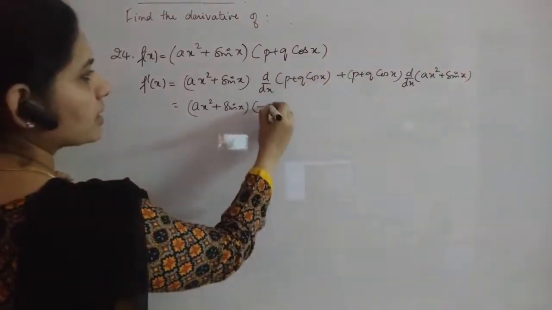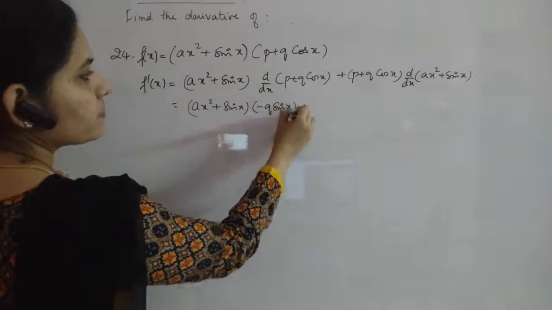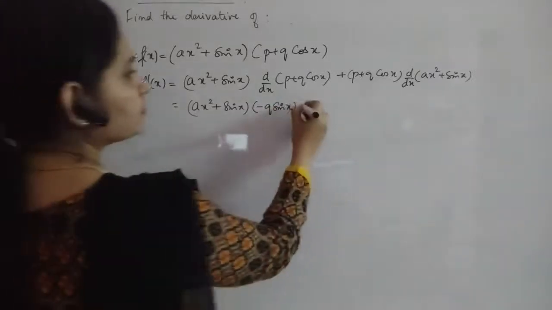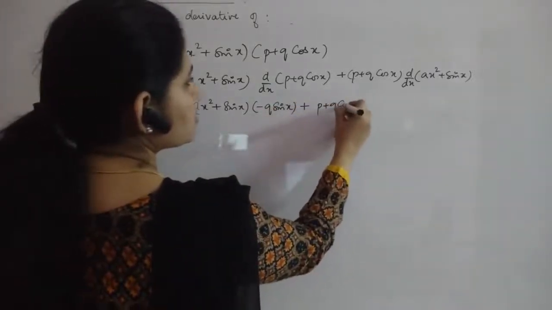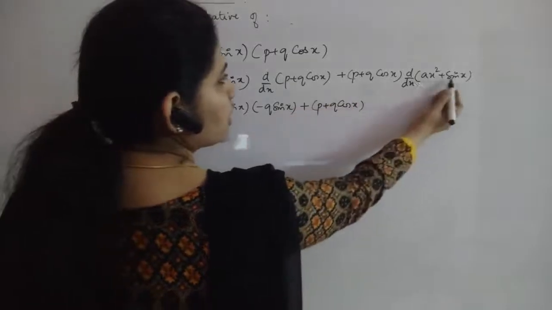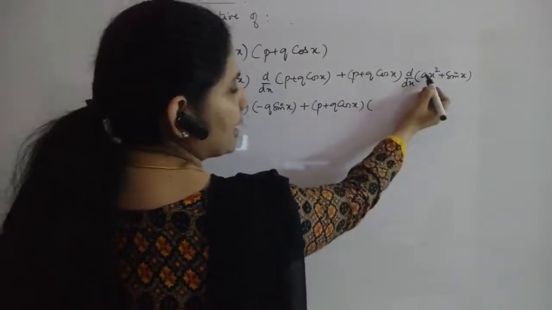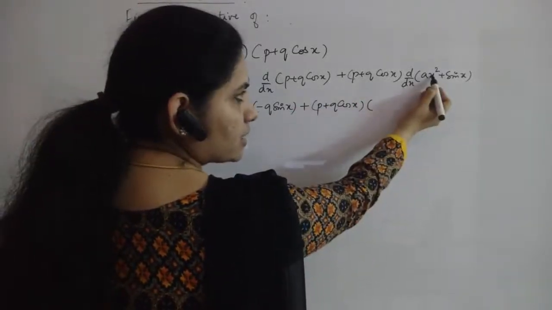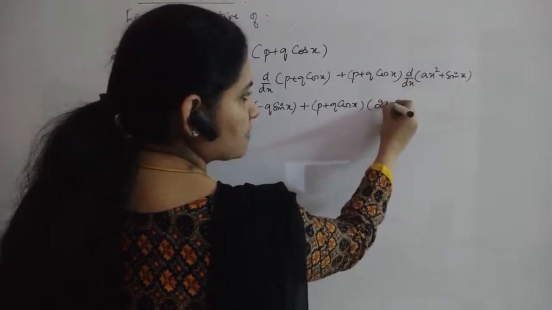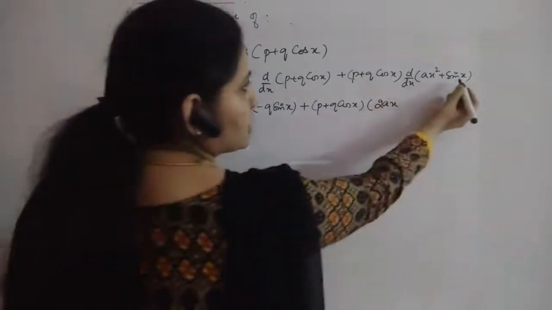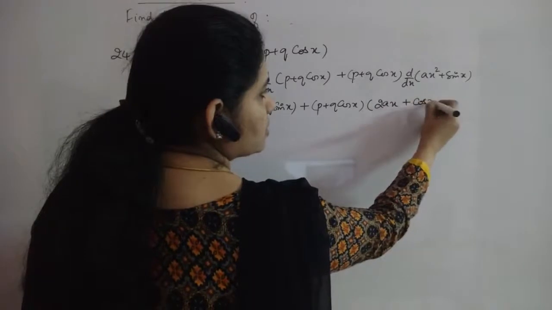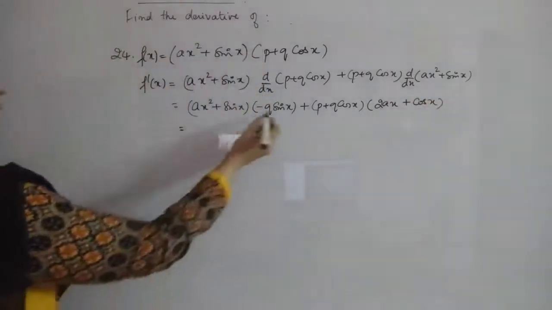So this will become 0 minus q sin x, plus (p plus q cos x) into the derivative of this: a is a constant, the derivative of x square is 2x, so this term becomes 2ax, and the derivative of sin x is cos x, so it is plus cos x.